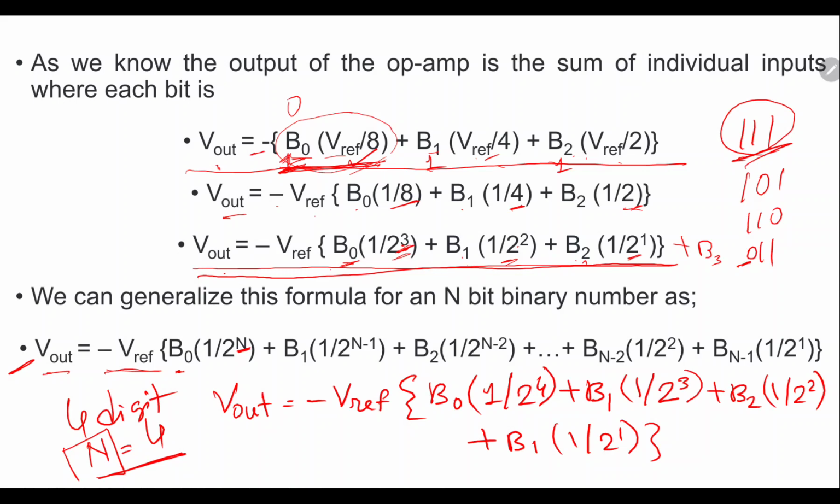Here n is the number of digits you are giving as input. Then gradually this power of 2 is decreasing, n minus 1, n minus 2, like this it will continue up to 2 to the power 1. Okay. I think it's clear to you all.